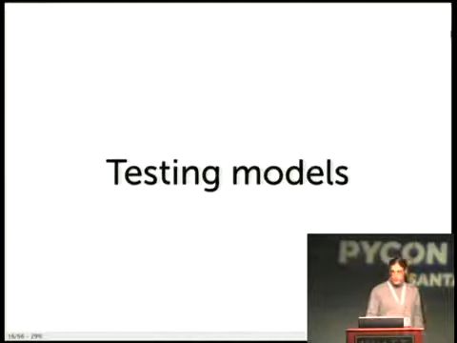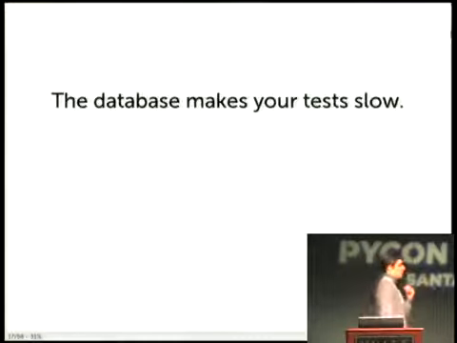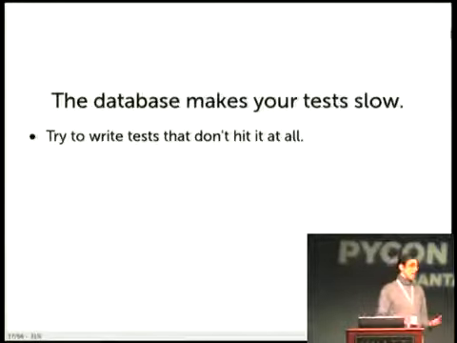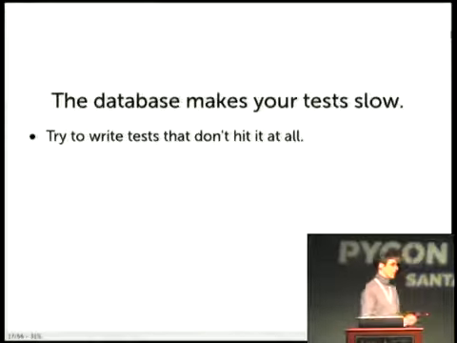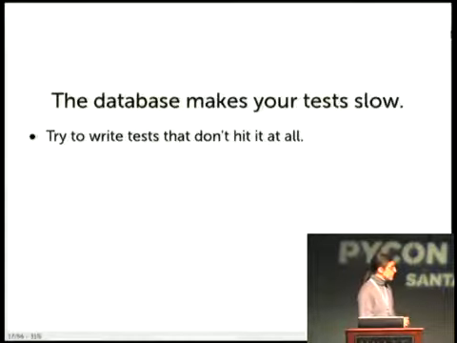All right, let's talk about testing models. As much as you can, you want to write tests that don't hit the database. Because Eric Rose also had a very good talk about testing yesterday, and he had a great slide, which I wish I had copied, showing the latency of going to level 1 cache, level 2 cache, RAM, or going to disk.